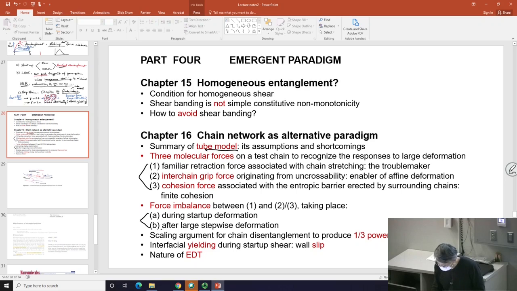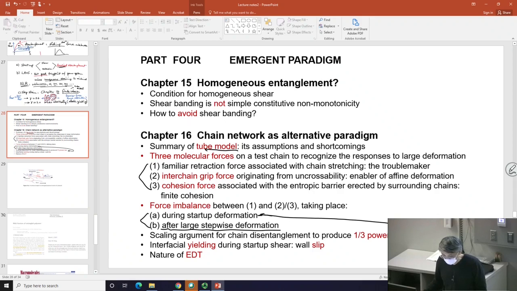According to the book, this was discussed first, actually. So I will try to follow that order. And then a major focus today will be for the second topic. It talks about one-third law. And if time permits, we'll continue to discuss wall slip and EDT.